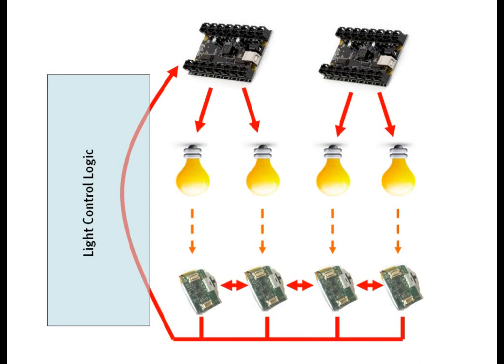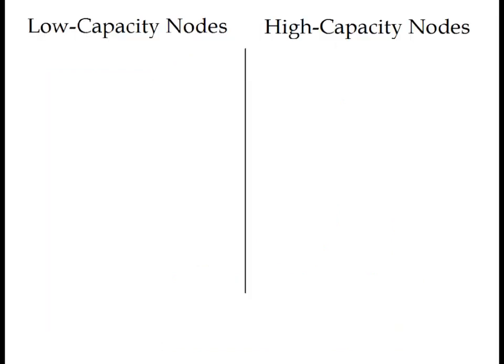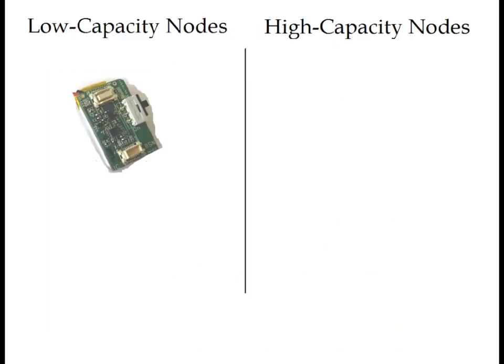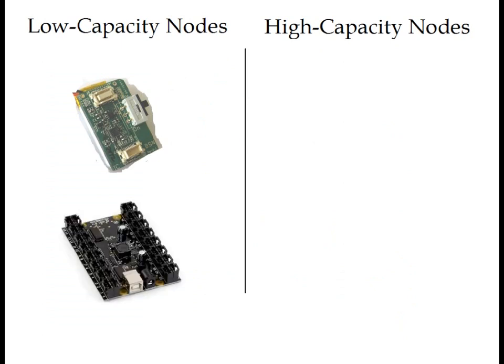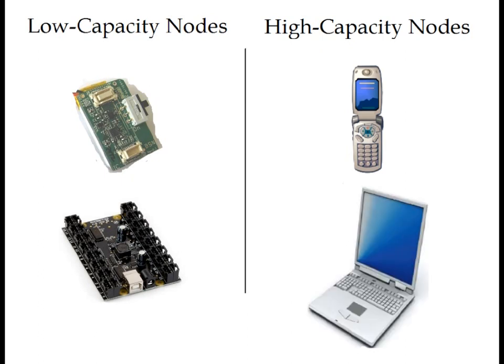The objective of such a system is to provide adaptive light control that will continuously satisfy users' preferences for any given activity. In a smart lighting system, low-capacity nodes such as wireless sensors and distributed light actuators on the one side, and high-capacity nodes such as mobile handhelds and laptops on the other side may coexist.